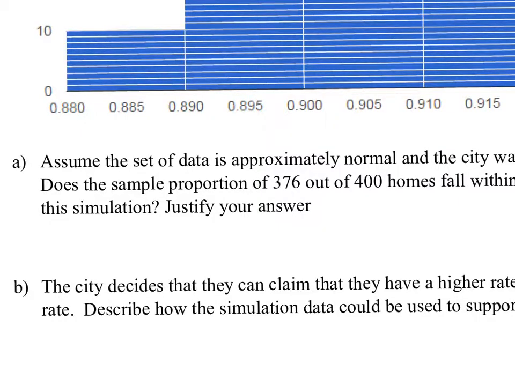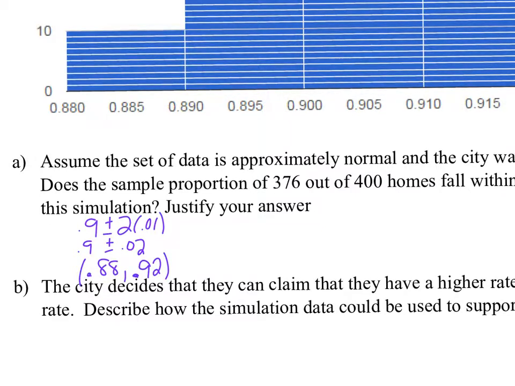So we're going to do our same thing, the mean, which is 0.9, plus or minus 2 standard deviations, and I believe the standard deviation is 0.01. Hopefully it is, because I can't see it. So 0.9 plus or minus 0.02, which gives us from 0.88 or 88% up to 92%. Okay, so from 88 up to 92.